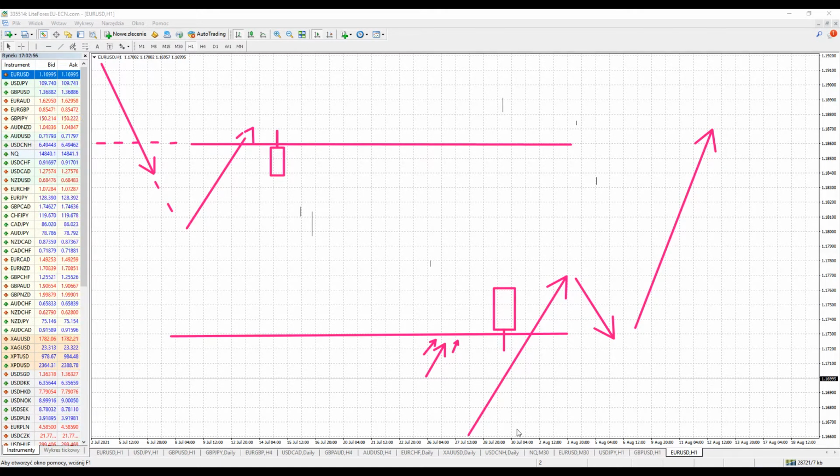And of course, that's why I'm waiting. I'm not jumping on the bandwagon immediately after the move to the upside. I wanna see what is going to happen during that retest. This pullback is working for me as a filter.